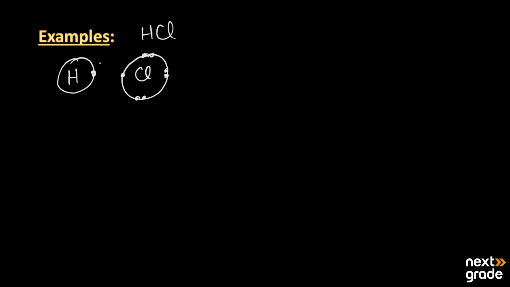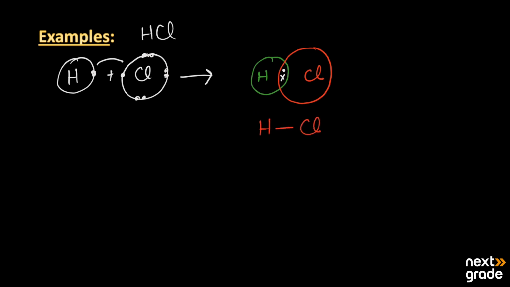Now these two atoms will share their electrons and form a bond known as a covalent bond by the mutual sharing of electrons. So we have hydrogen, and second, we have chlorine. They will share their electrons like this, and the simple bond formation will be like this, hydrogen and chlorine.